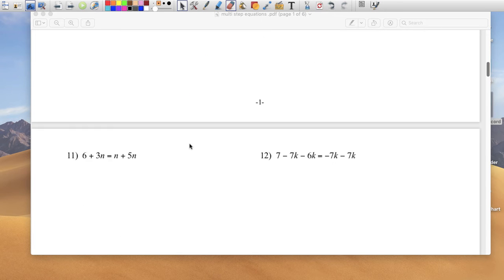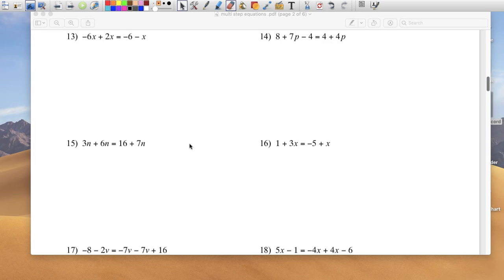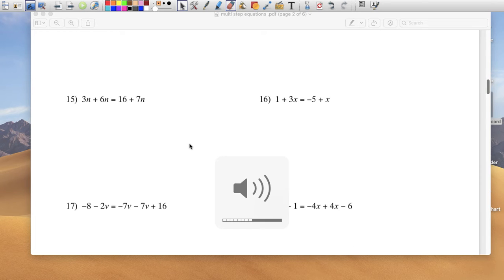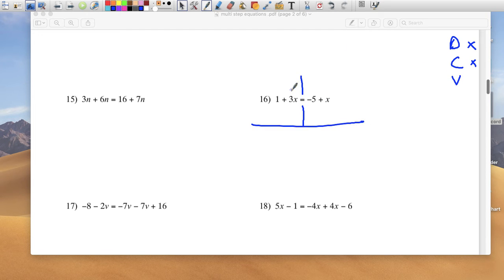Next one is 16 and 17. Again, distributive property? Nope. Combine like terms? Nope. I can't combine 1 and 3x, and I can't combine negative 5 and x, so that's a no. Variables, yes, there's a variable on the left side and there's a variable on the right side. There's just 3x over here and there's an x over there.